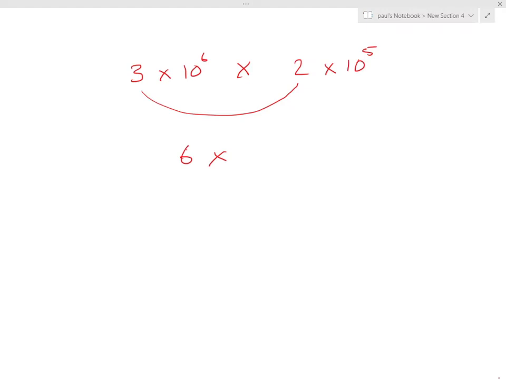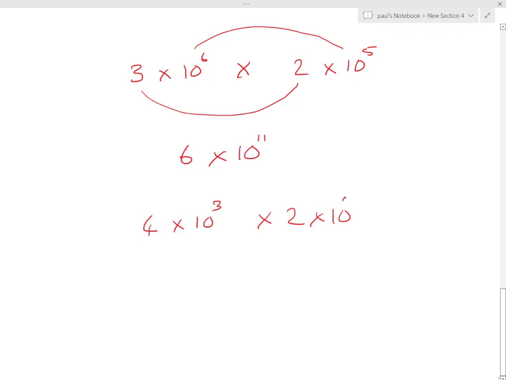And the 10 to the 6 times the 10 to the 5 becomes 10 to the 11, because you just add the indices together. So that gives 6 times 10 to the 11. Another one there, 4 times 10 to the 3 times 2 times 10 to the 5.